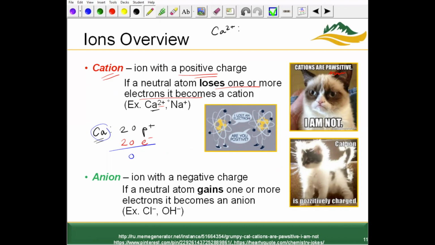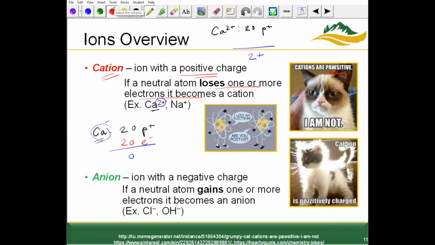Well, remember it's calcium, so the number of protons will never change for that same element. Calcium has 20 protons when it's neutral. Calcium has 20 protons when it's positively charged. Calcium itself is an element with always 20 protons. That is the identity of calcium. So calcium 2+ has 20 protons, but it has this overall net charge of 2+.